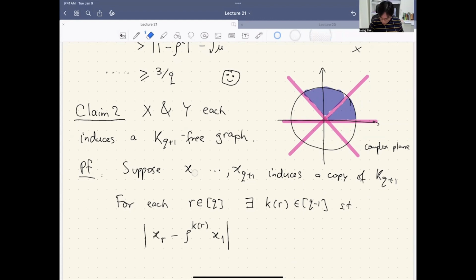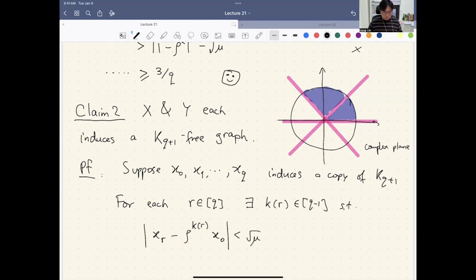Maybe let me start with x0, x1, up to x_{q+1}, say. And this I put as 0. I just shift the index by 1, no big deal. So we know that each x_r must be a rotation of x0 by some power of rho, up to an error term.